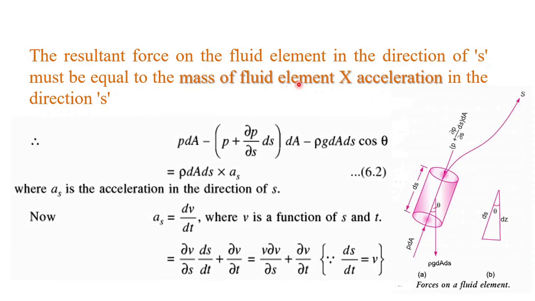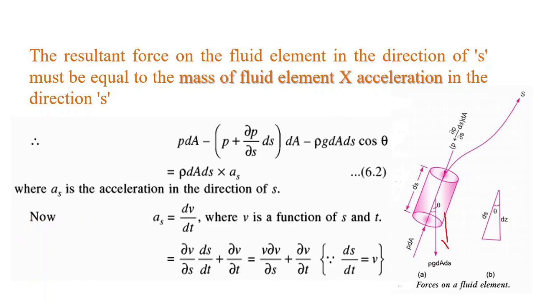So the resultant force is PdA minus P plus dou P by dou S into ds into dA, minus weight, rho g dA into ds cos theta. Why theta? In the direction of flow we want the weight component.